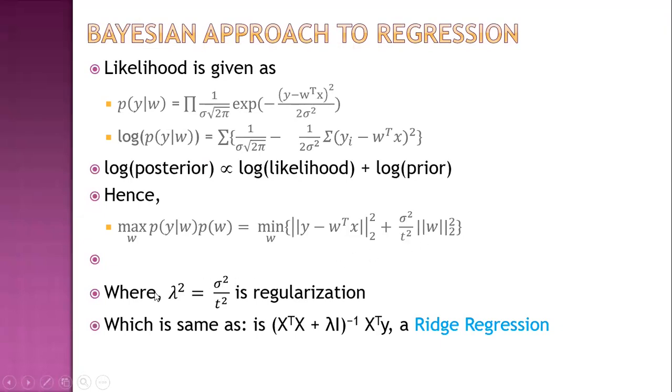So this regularization, sigma square divided by tau square, can be written as lambda square, and in matrix form this is the same as this term, and this is known as ridge regression. So in ridge regression we have the regularization term here, that is lambda multiplied by the identity matrix. So this was the Bayesian approach to regression, from which we got ridge regression.